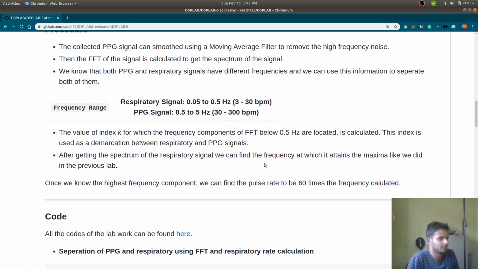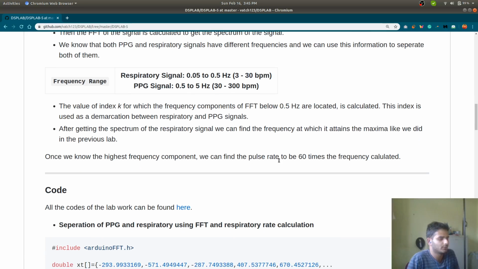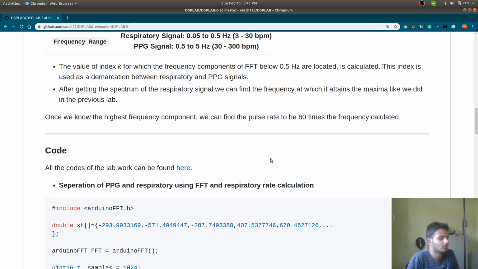After getting the respiratory signal, we will find the maximum frequency point, and that point will give us the frequency of the respiratory signal, that is the number of respiration cycles in 1 second. If we multiply it by 60, we'll get the respiratory rate, the number of respiratory cycles in a minute.